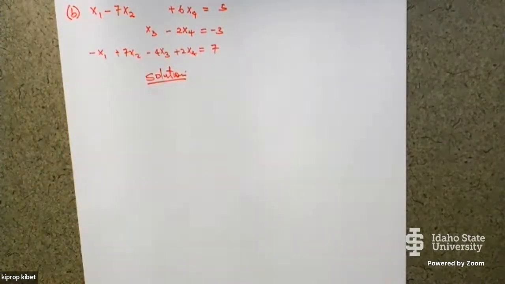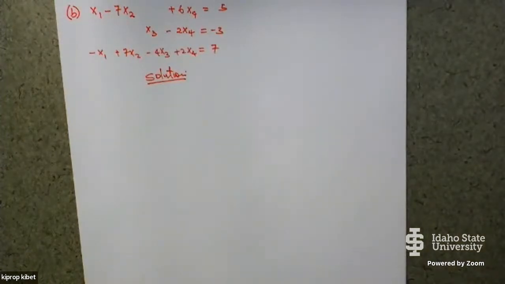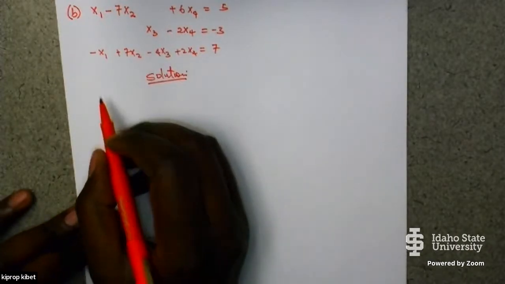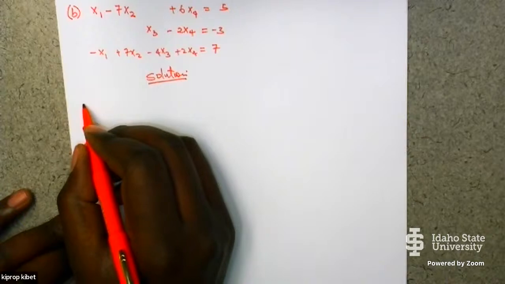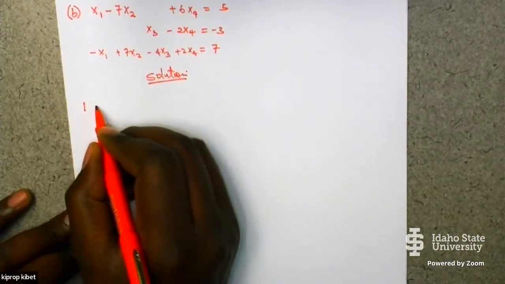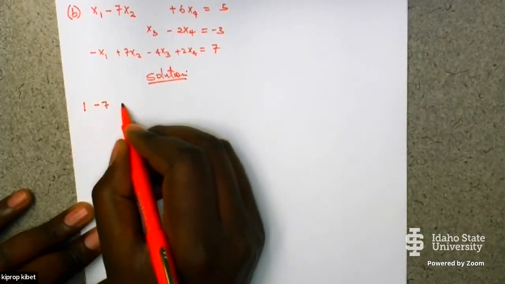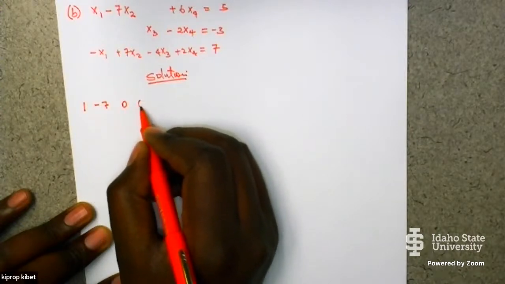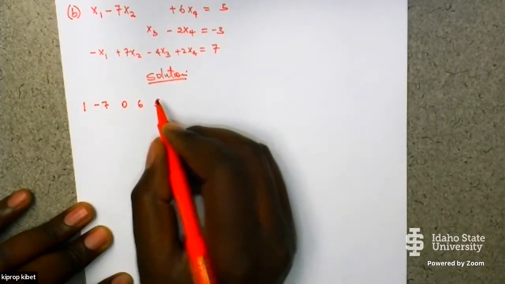So the first step is we start by writing the coefficient matrix and then the augmented matrix. The coefficient matrix of this is 1, -7, 0, 6, and 5.